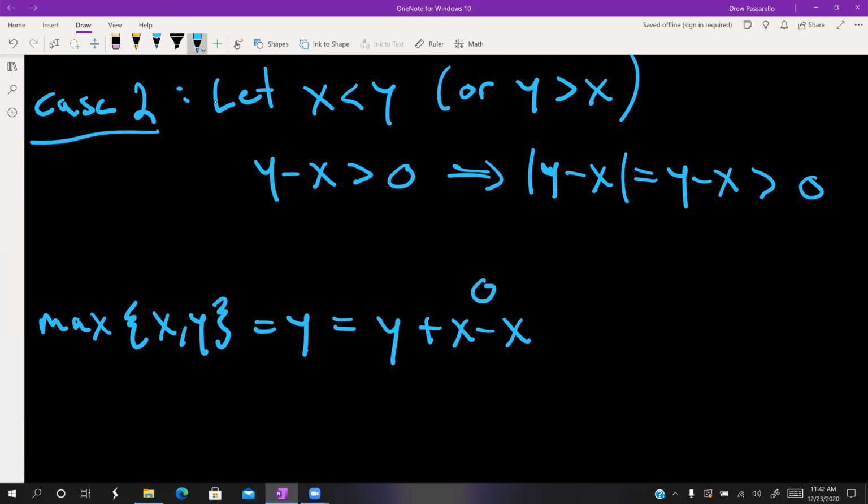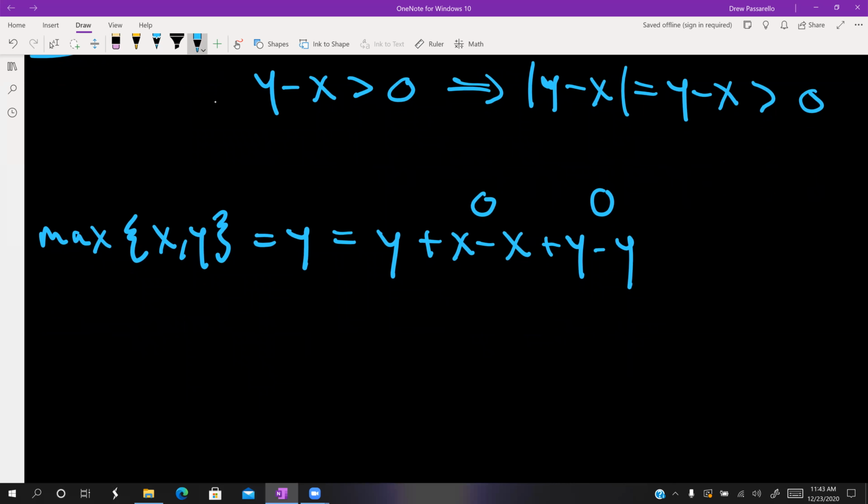And then I can add 0 again, plus y minus y. All right, so I have 0 added twice in the form of plus x minus x and plus y minus y. And again, I want to show it as eventually equaling x plus y plus the absolute value of y minus x, divided by 2.